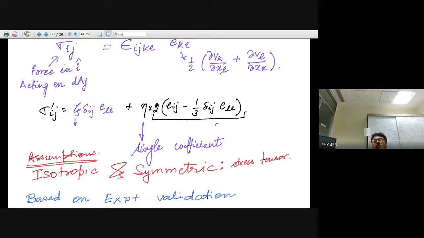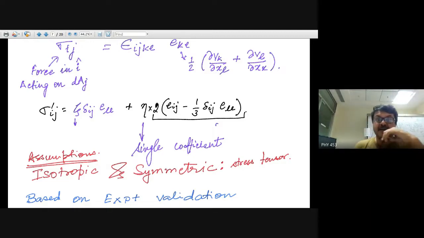So if you had molecules which were all pointing along the same direction and you tried to have a relative velocity in this direction, whatever the forces would be, because you're relating forces to strain rates, the forces acting when molecules slide past each other would be very different from those when they move in this direction.